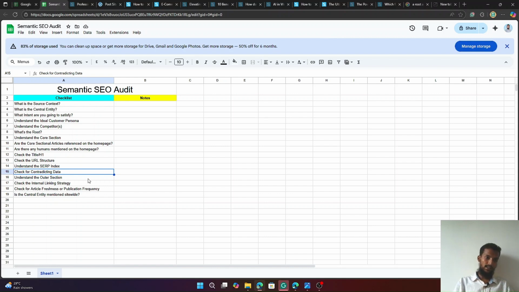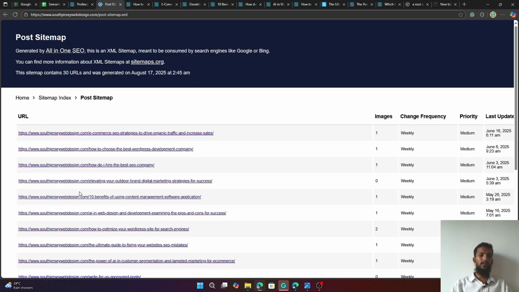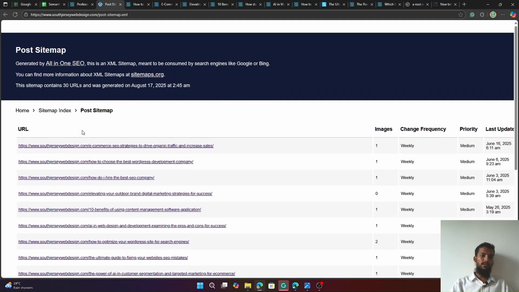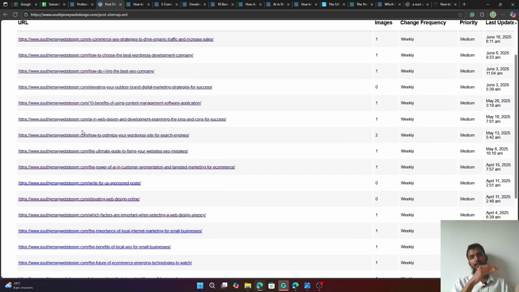So the next one is understand the outer section. Now when I go through their sitemap, it is hard for me to understand which one is a core sectional article and which one is an outer sectional article, because I haven't created the topical map for them, or I don't have the topical map.